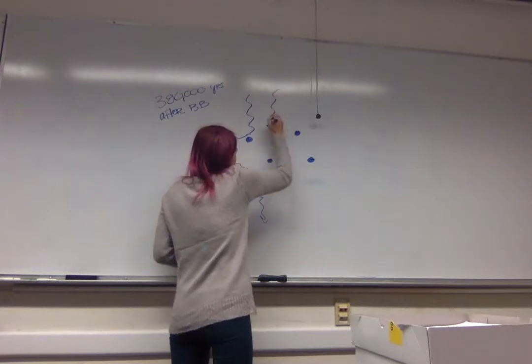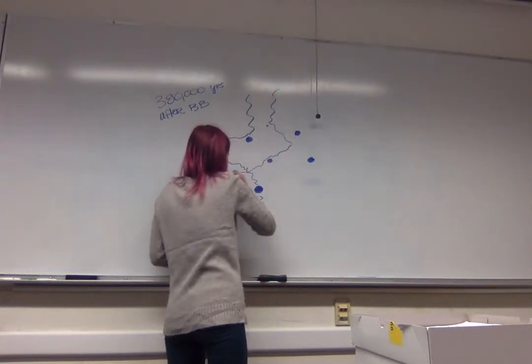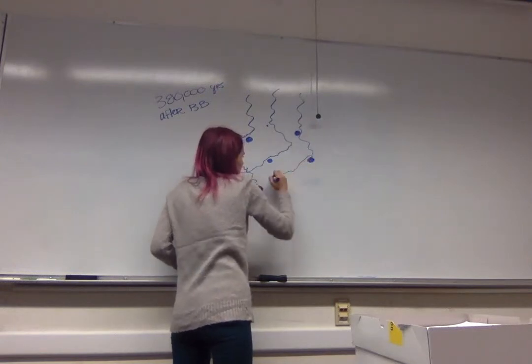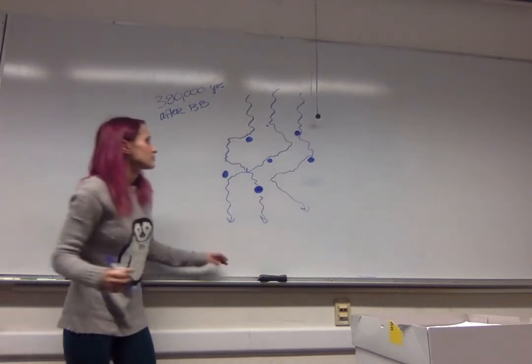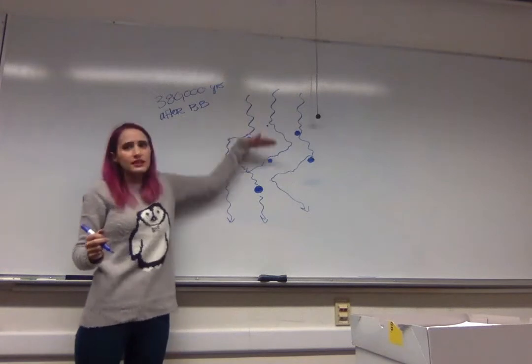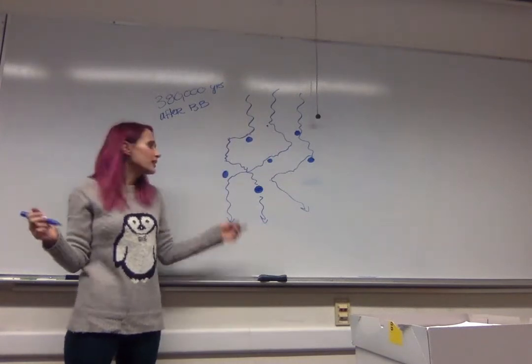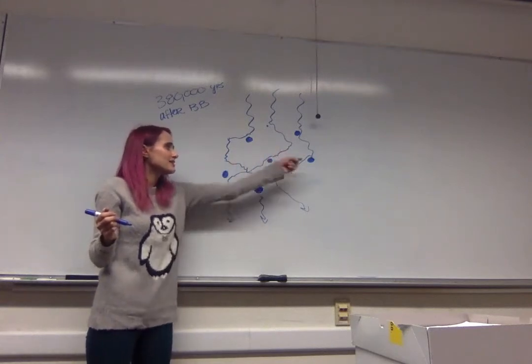What comes in comes out all mixed up, and it looks foggy. So we can't see past this kind of soup of protons and electrons, right?